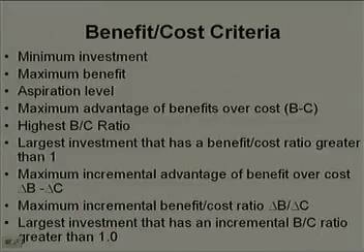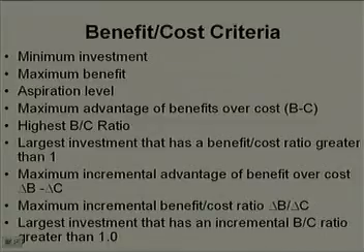Similarly, in one of the criteria they calculate the maximum advantage of benefits over cost. That means whichever option is having maximum value of B minus C, they will go for that. In some countries they go for highest B by C ratio.